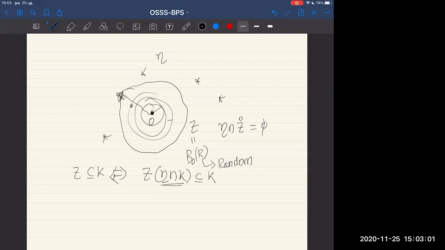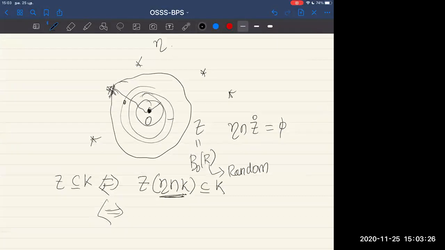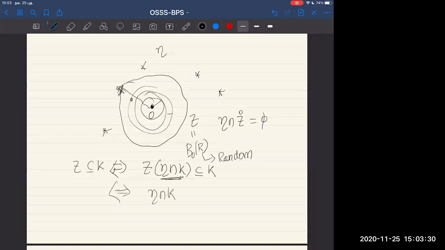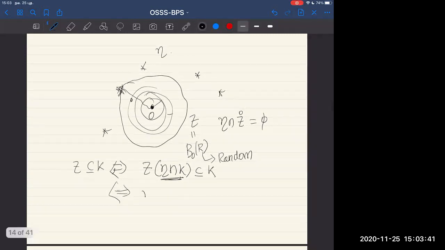I have to look at the configuration only inside K, because if there is no point inside K, K will be contained in Z. So Z is inside K if and only if the intersection of eta with K is determined inside K. So this is the simplest example of a stopping set.